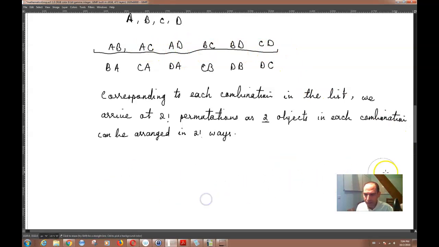So corresponding to each combination, which is nothing but a combination of 2 objects, we arrive at 2 factorial permutations, as 2 objects in each combination can be arranged in 2 factorial ways. It's very clear here, and you can see it.